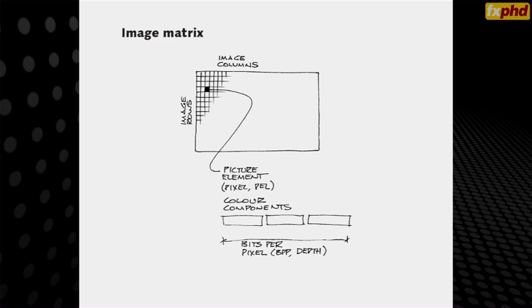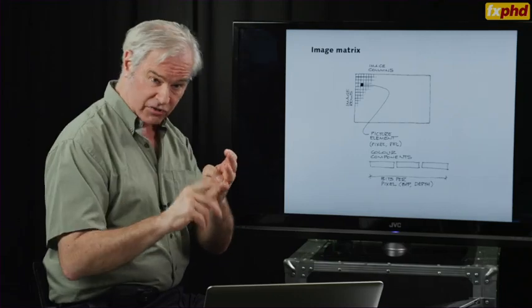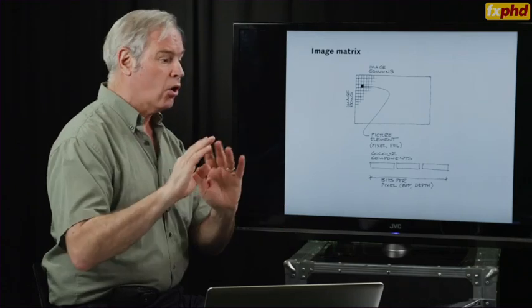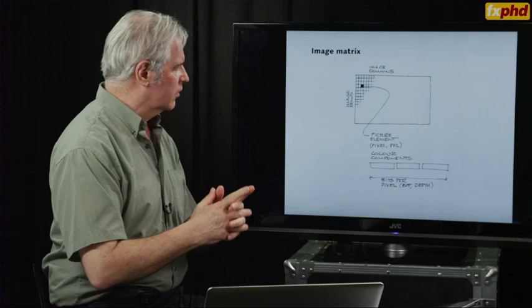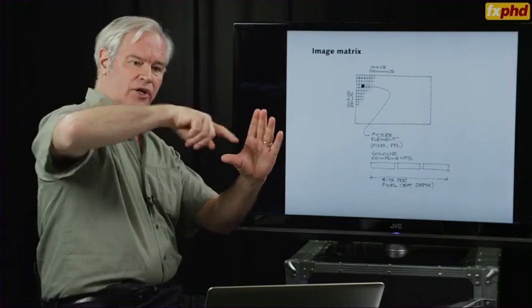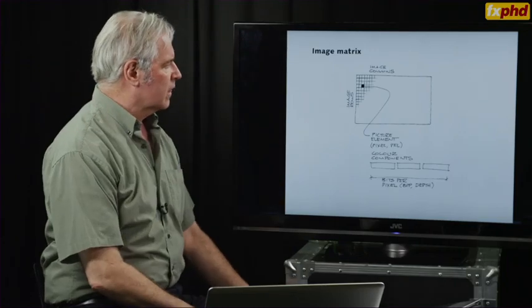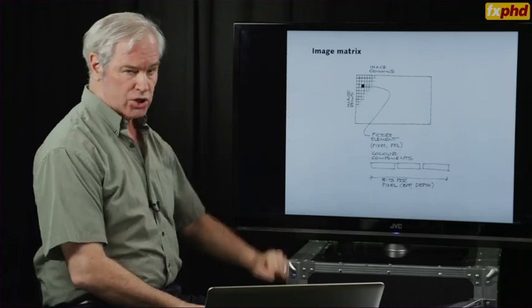We'll start with an extremely simple slide which simply shows you the way that an image in HD, digital video, digital cinema, digital stills, computer graphics, digital photography, all of those arenas start with a rectangular image carved up into rows and columns, which I call image rows and image columns.